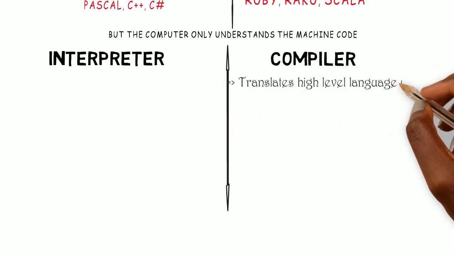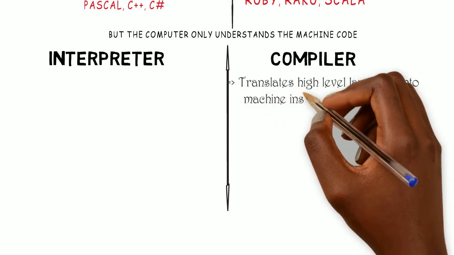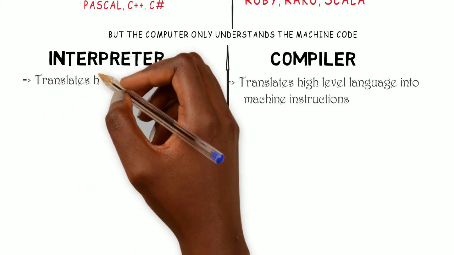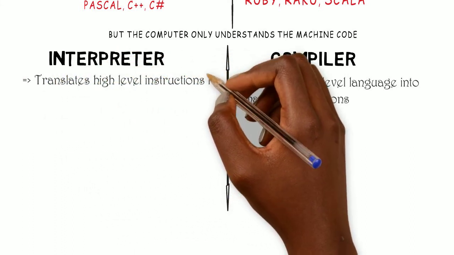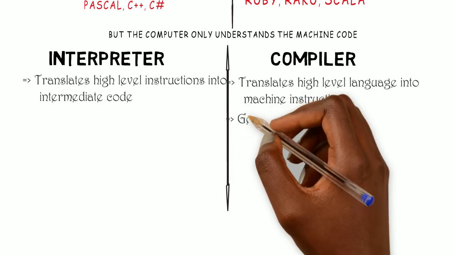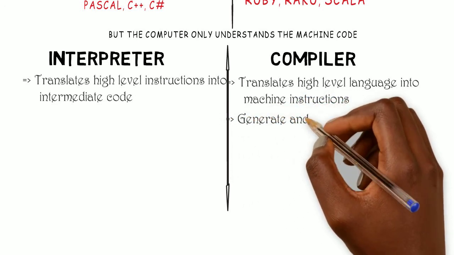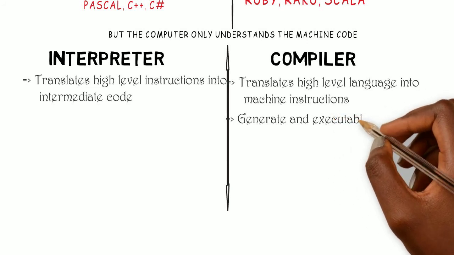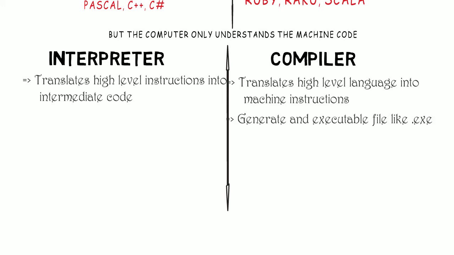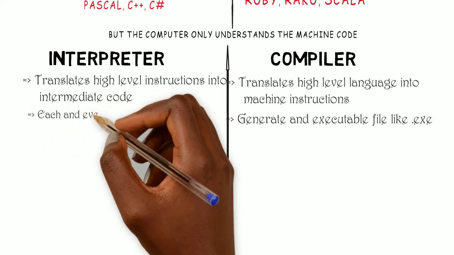A compiler translates high-level instructions into machine language, whereas an interpreter translates high-level instructions into an intermediate code. Compilers generate an executable file like a .exe, whereas with interpreters, each and every line is executed individually.